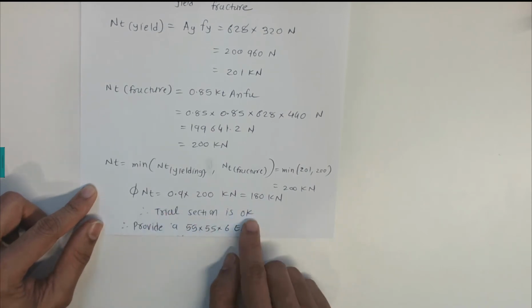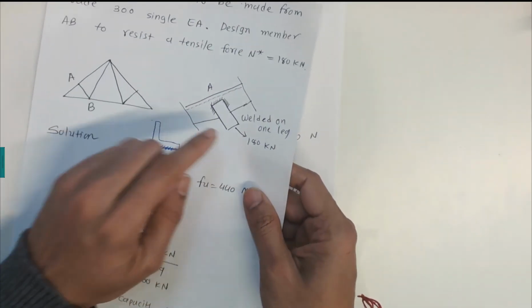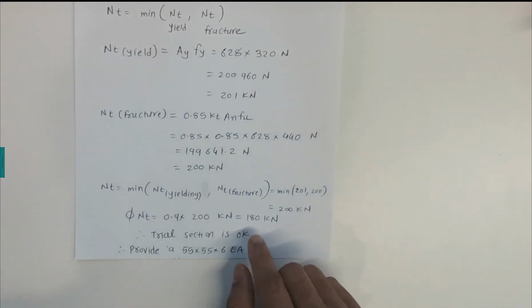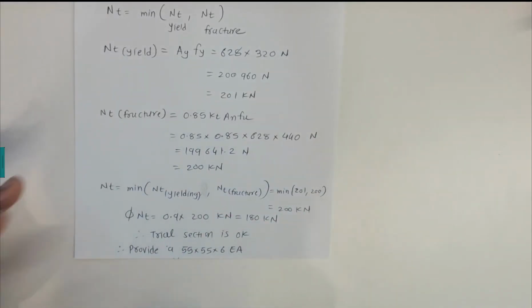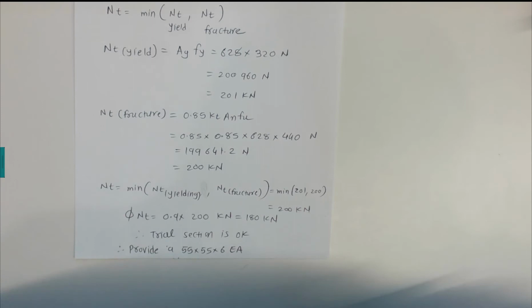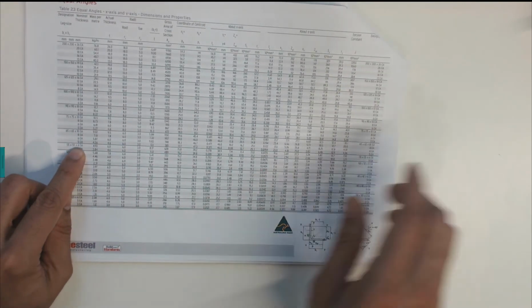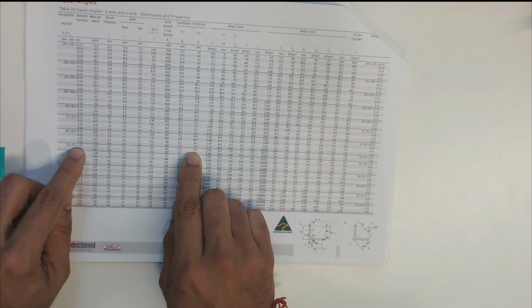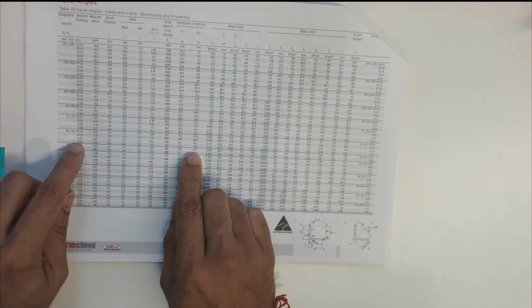Now the trial section is okay because 180 kilonewtons matches 180 kilonewtons. We should get a capacity more than our target. So in that case it's okay, but in reality I suggest that, since the 55.6 EA is very close to the targeted value, we should go one size above, which is the 65 by 5 EA.